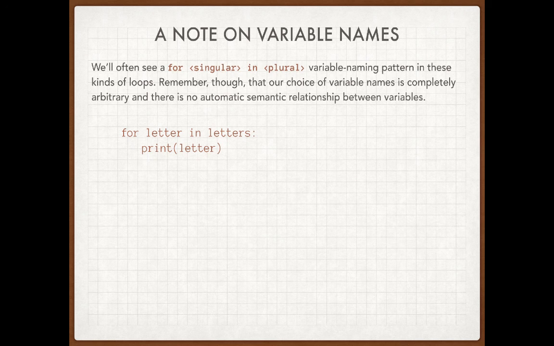This is a really common pattern, and I've been teaching Python for a long time now, and one of the things that often happens at this point is that people say, well, I understand there's a relationship between letter as a singular thing and letters as a plural thing. So does Python do this automatically because one is singular and one is plural? And the answer is no, it doesn't.